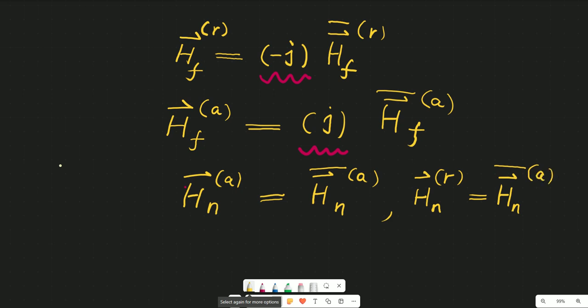For near-field duality, why we make a mistake is also because the near field is in a quasi-static situation. In that situation, the average magnetic field is equal to the magnetic field.